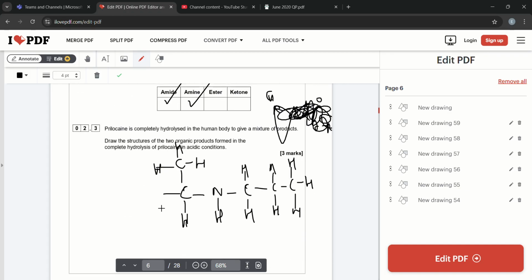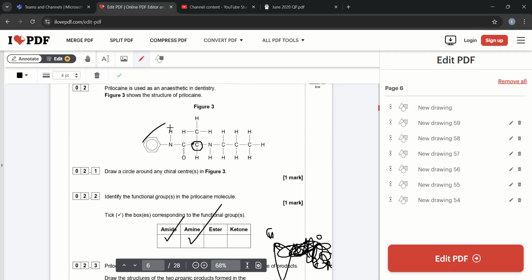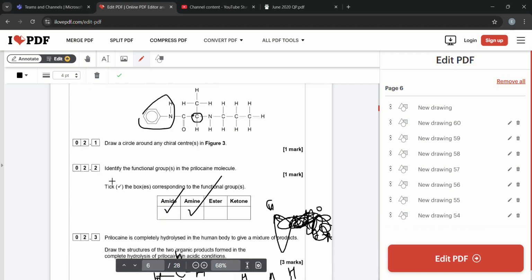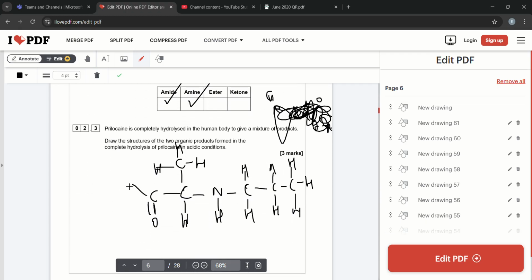Then we've got C double bond O. And now here's a different part. Instead of this bit, this bit's going to disappear, and we're going to be left with an OH. Remember hydrolysis uses H2O, right?